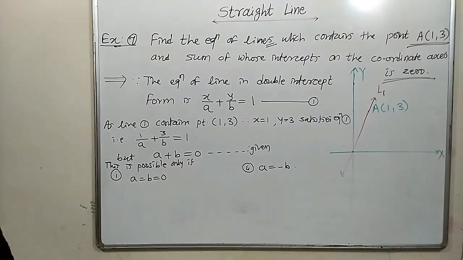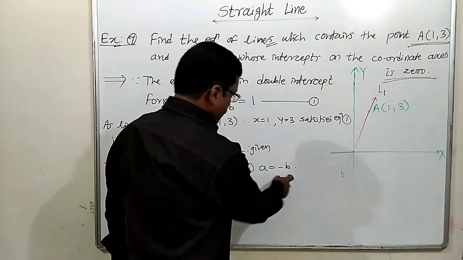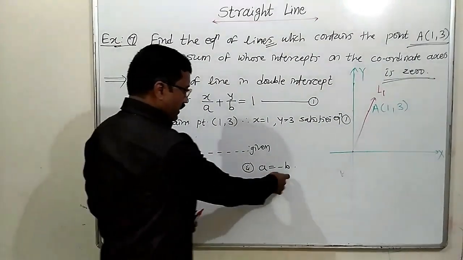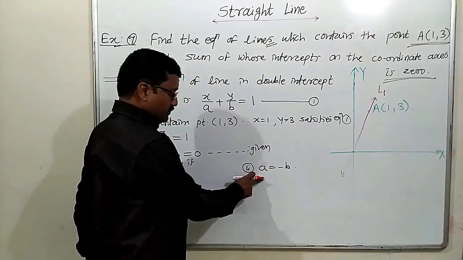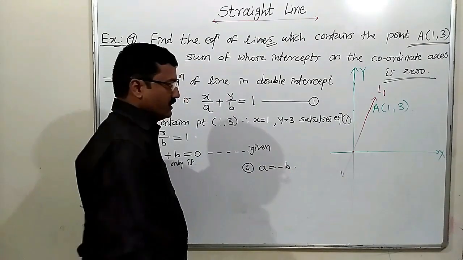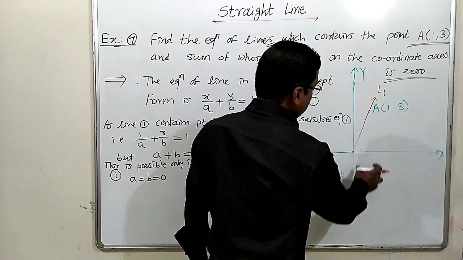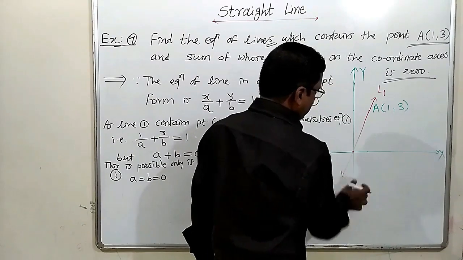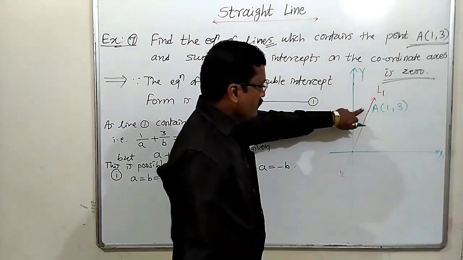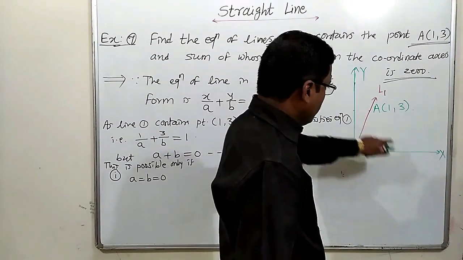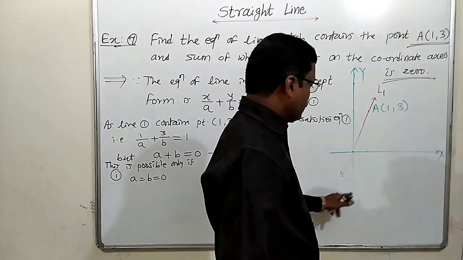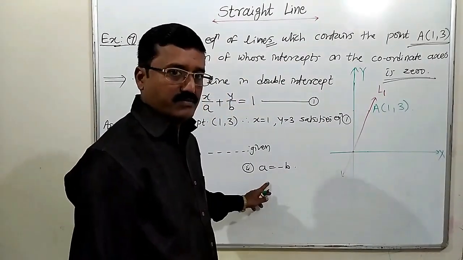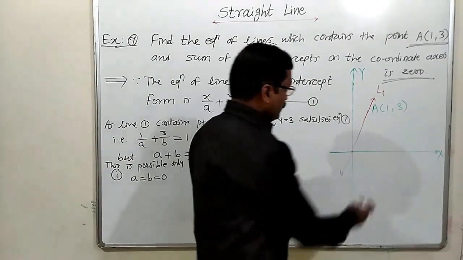Now, the sum of the intercepts is 0 also when the intercepts are negatives of each other, a = -b. Suppose x is positive, then y will be negative. If x is positive and y is negative, the line may pass through positive x-axis and negative y-axis. But the point is in the first quadrant, so such a line is not possible.